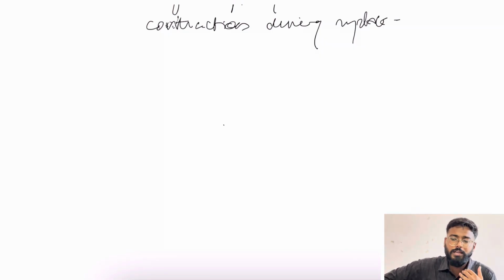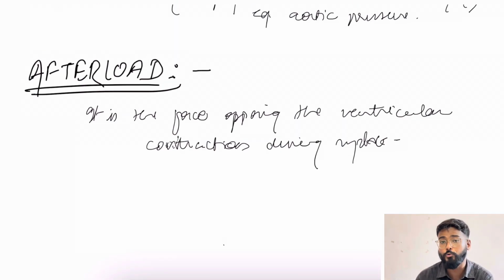So, like we are saying again and again, the forces that are going to oppose. Let's see what all those forces are that oppose the contraction of your ventricles. First, you must have heard of these basic terms like blood pressure and systemic vascular resistance.